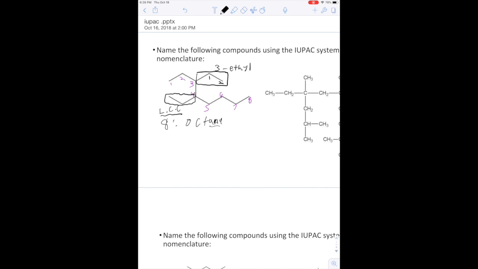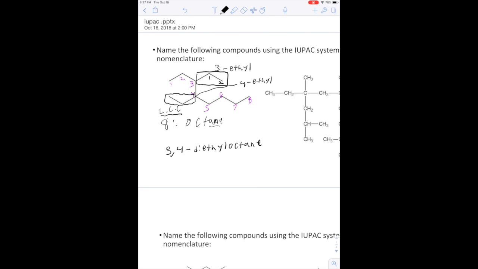Cool. And I have 4. Let me just do 3. So 3 ethyl, and then this is 4 ethyl. Automatically, I can now do the IUPAC nomenclature for this. I notice that there are 2 ethyl groups here, and only 2 substituents. So I'm able to write 3,4-diethyloctane.